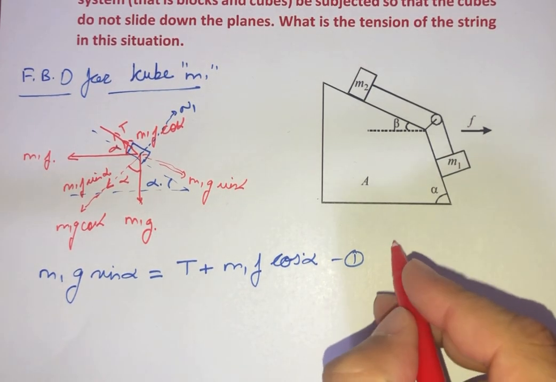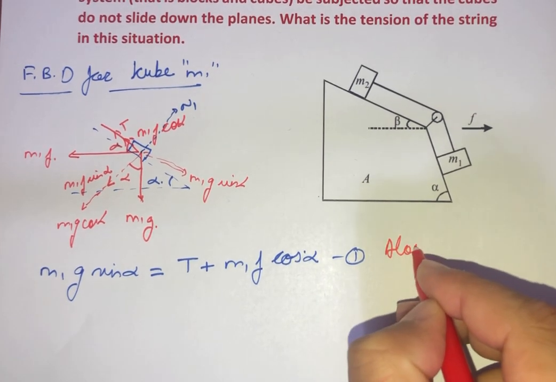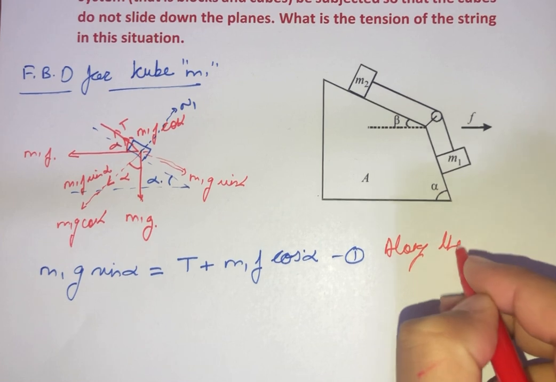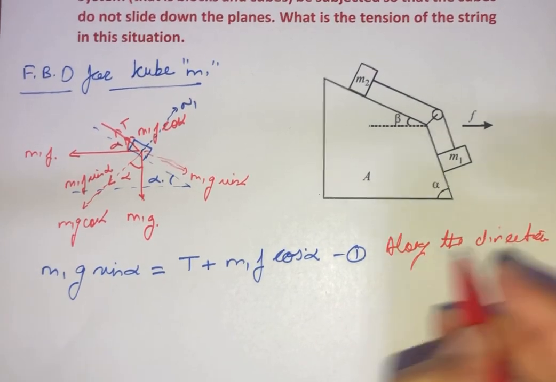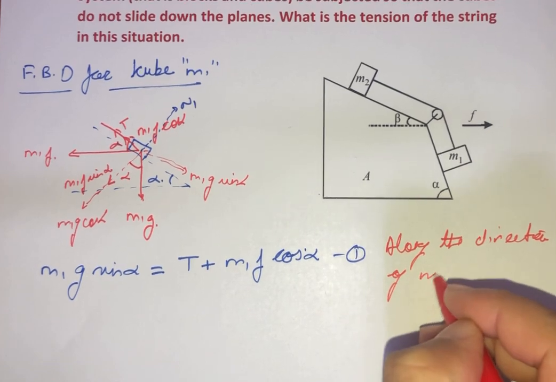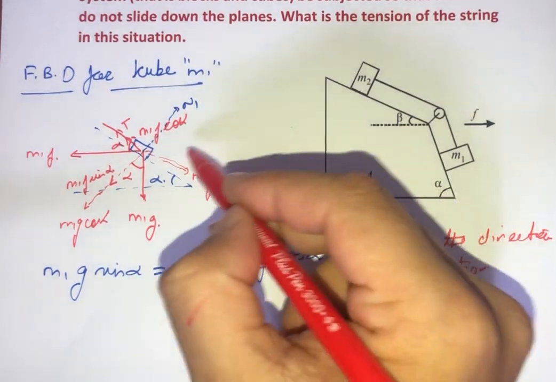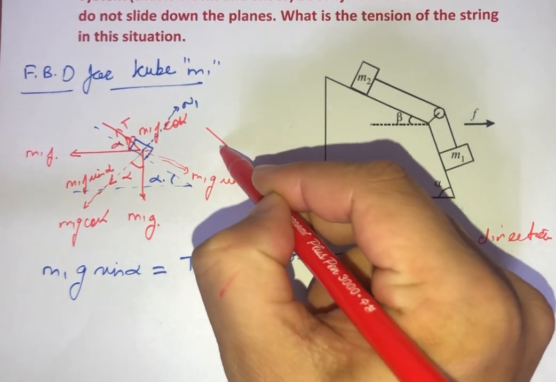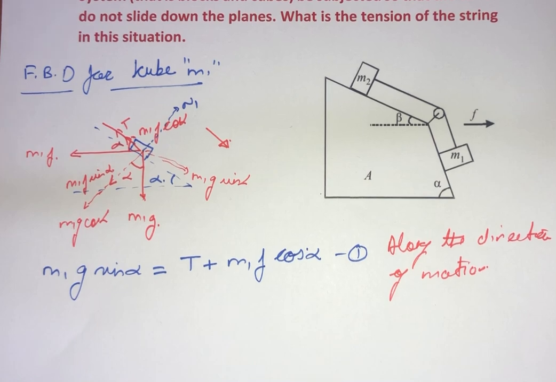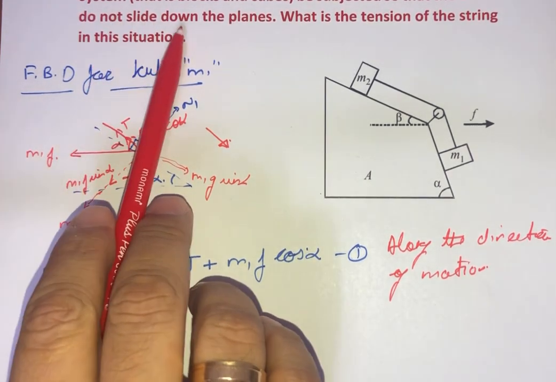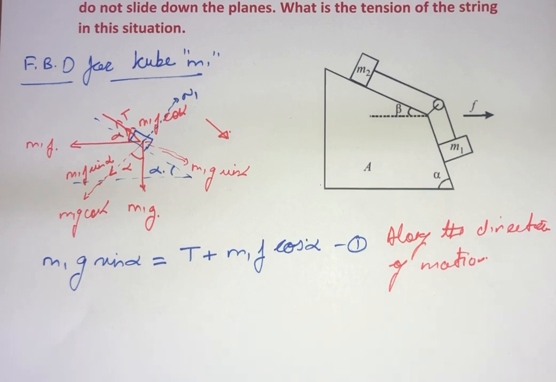So this is along the direction of motion, and the direction of motion obviously will be in this direction, which is not going to take place, as it is said that the cubes do not slide down the planes.